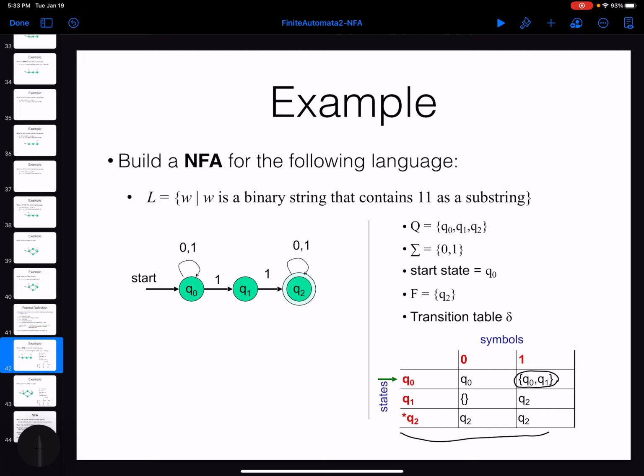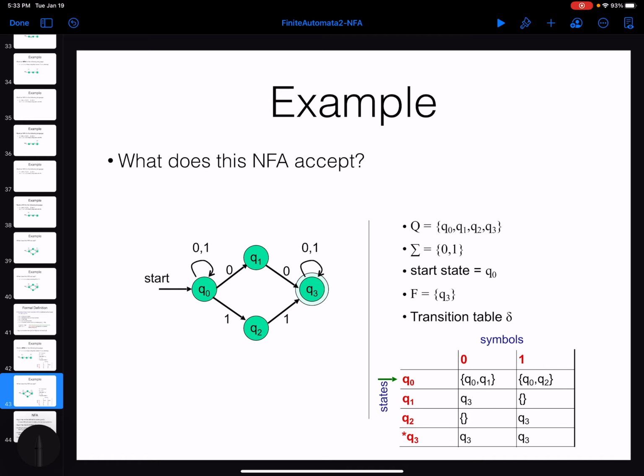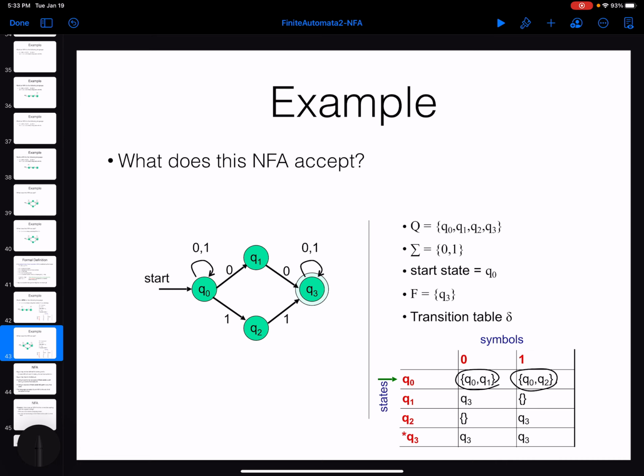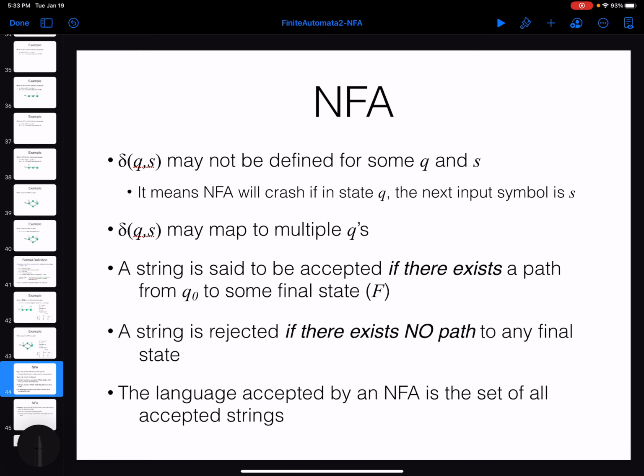It is an NFA because you have more than one transition on 1 over Q0, one of them here and one of them here. This one is another example showing that Q0 has more than one state in the transition table over 0, both 0 and 1.